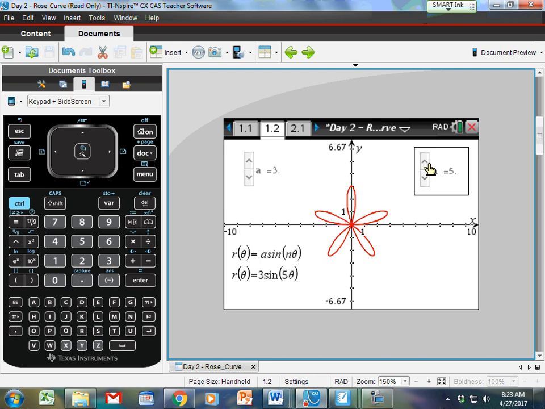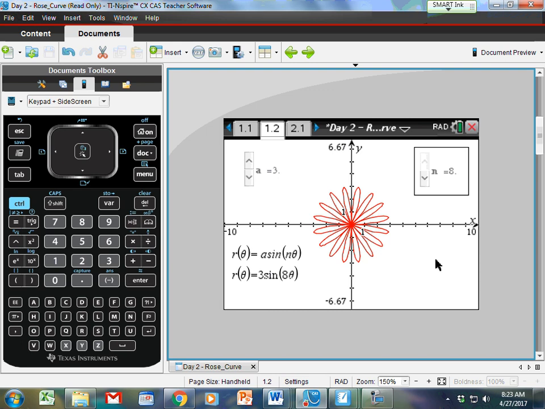It's the prettiest thing we've done so far. This is 6. This is 7. This is if N is 8. All right, and it won't let me go any higher.